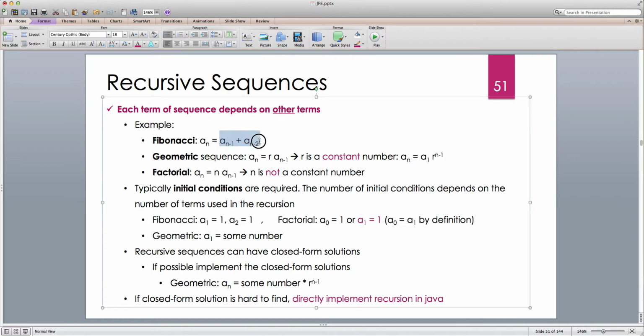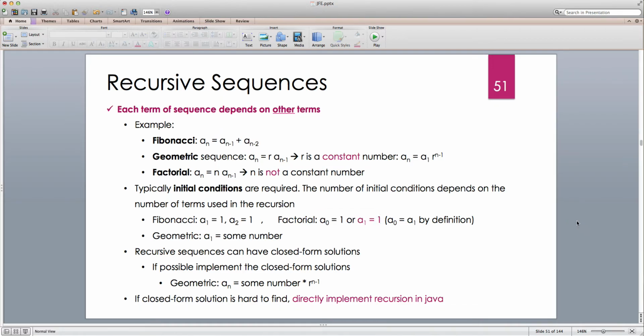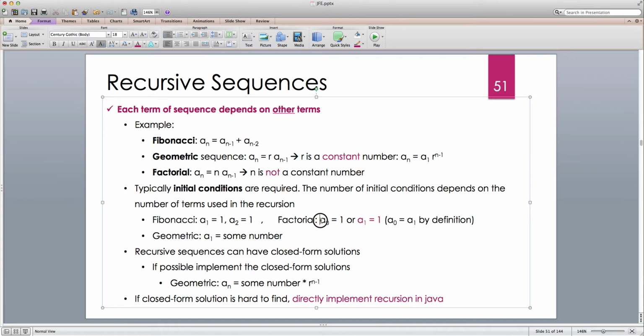Based on how many recursive terms we have, we need that many initial conditions. For example, Fibonacci has 2 recursive terms, so it requires 2 initial conditions. Geometric sequence has 1 recursive term, so we only need 1 initial condition.